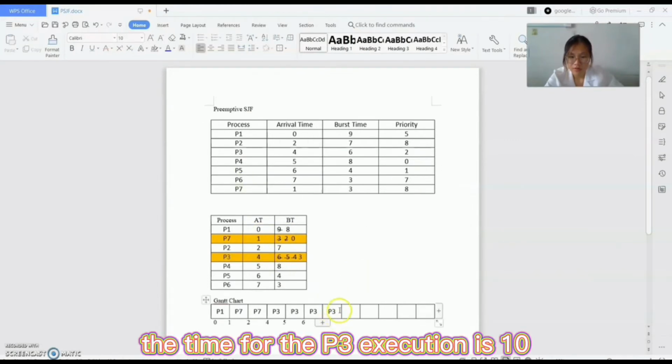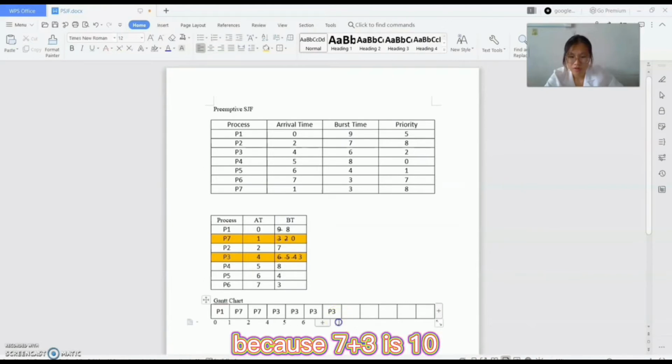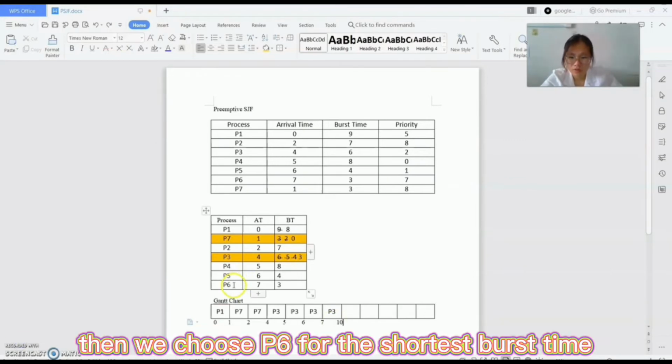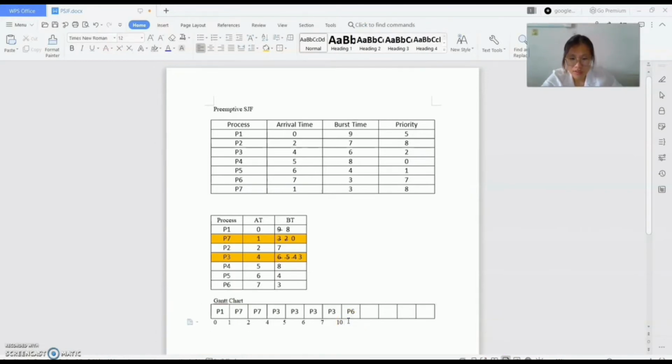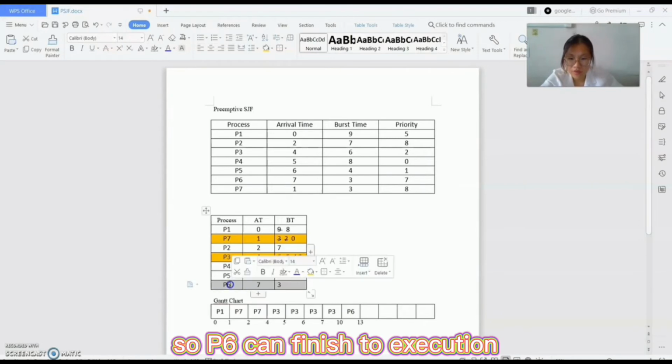The time for P3 execution is 10 because 7 plus 3 is 10. Then we choose P6 for the shorter burst time. The time of P6 execution is 10 plus 3 is 13. So P6 can finish execution.